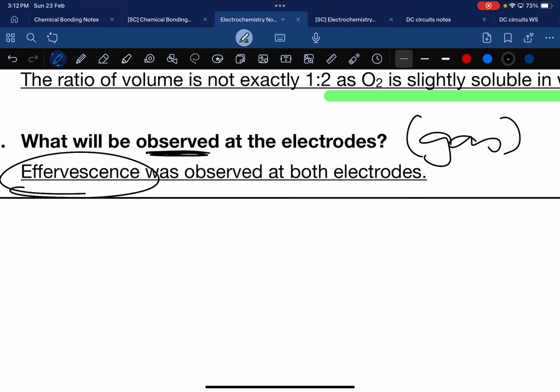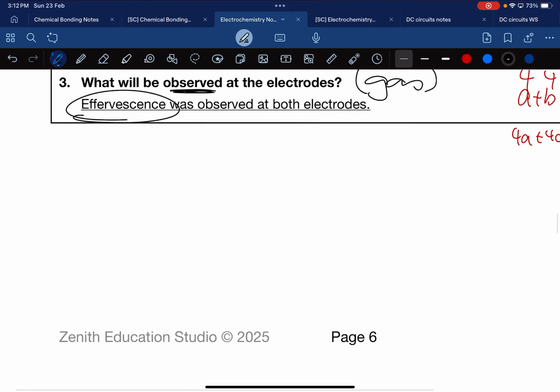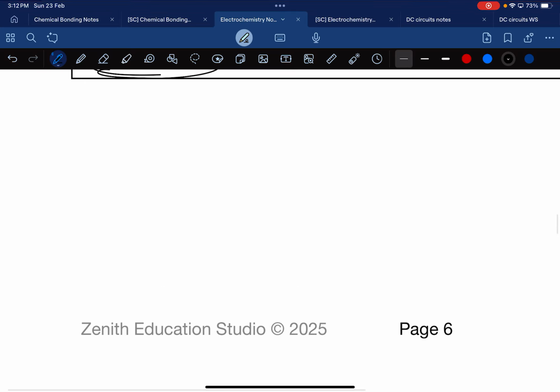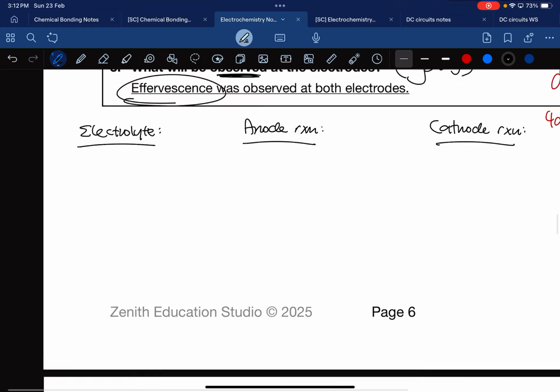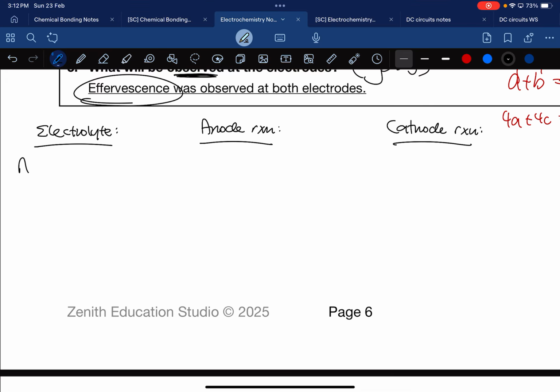As some practice for y'all, I'm going to provide the electrolyte. You guys are going to give me the anode reaction and the cathode reaction. I will give you an example of what I mean. Let's say for the electrolyte I use aqueous MgCl2.